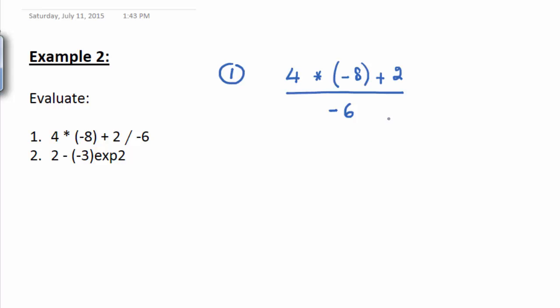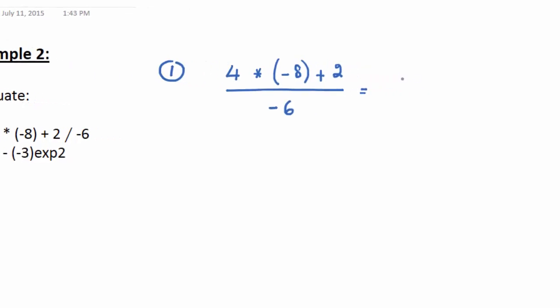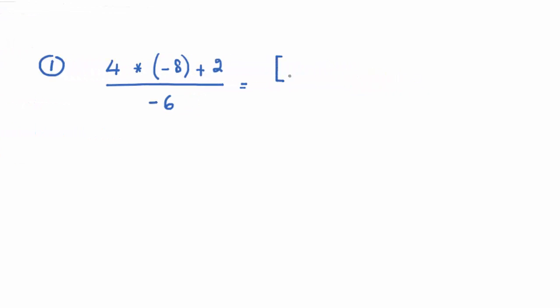So again, we said when we see any fraction bar, we imagine that the numerator is between brackets and the denominator between brackets. As you can see, the denominator, there are no big operations here, it's -6, so we'll leave it as it is, but we will put the first one into brackets to force us to work with the numerator first, and after that we go to the denominator and we do the division. So this one is gonna force us to work on the numerator first.